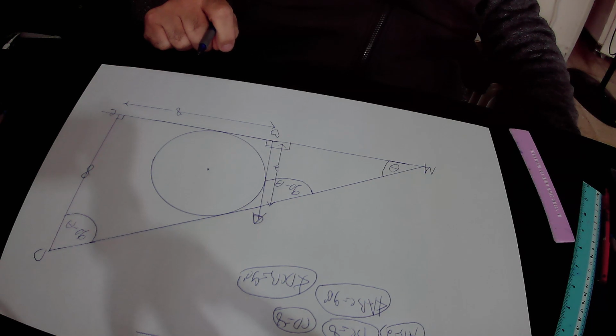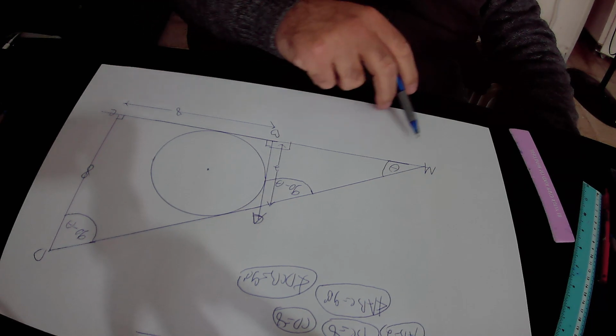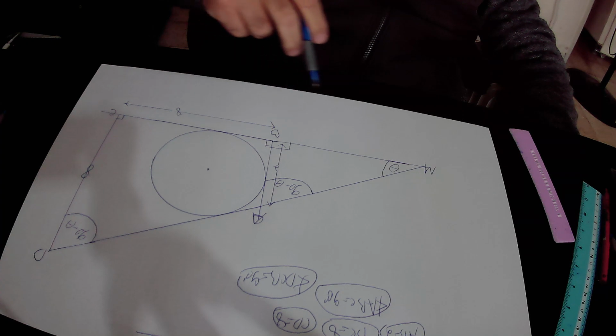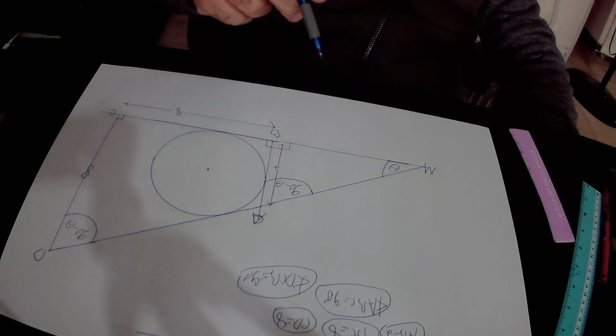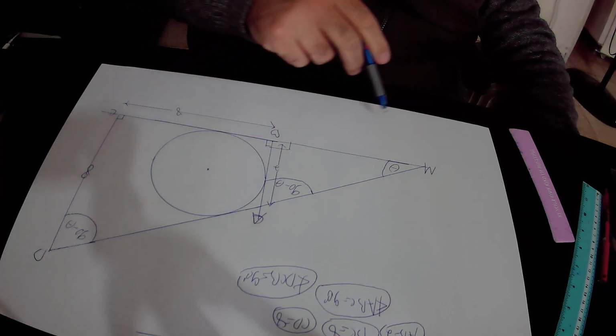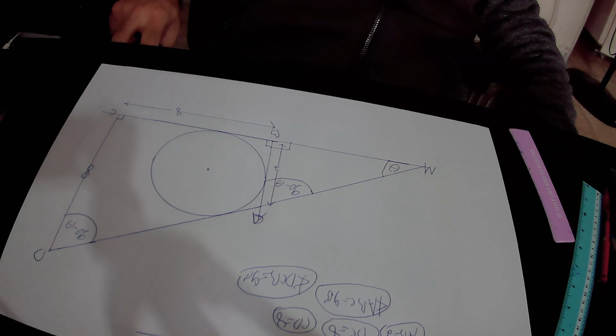In the next step, we'll prove that the big right triangle MDC is similar to the small triangle MAB. So write it down.